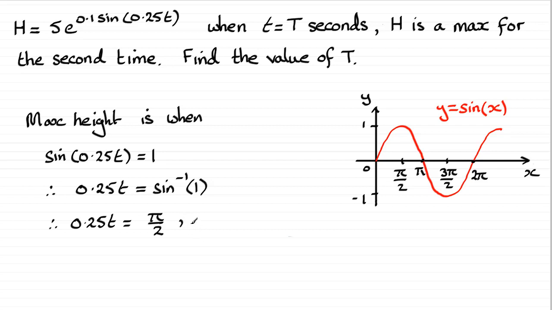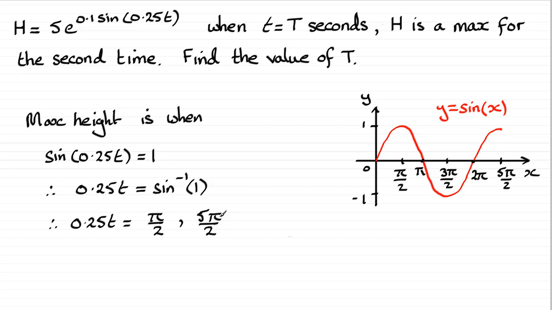We want the next solution. Well, that's going to be at this point here, and that's going to be another pi upon 2 further on from the 2 pi. So if you add 2 pi plus another pi upon 2, you're going to get that second peak there at 5 pi upon 2. So that's the time that we want, 5 pi upon 2 there.